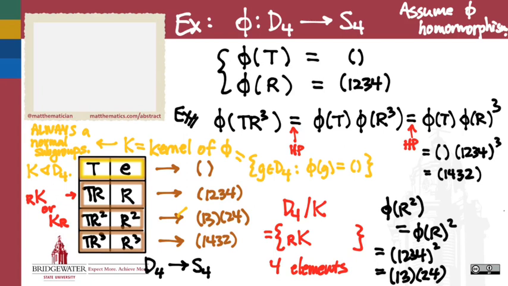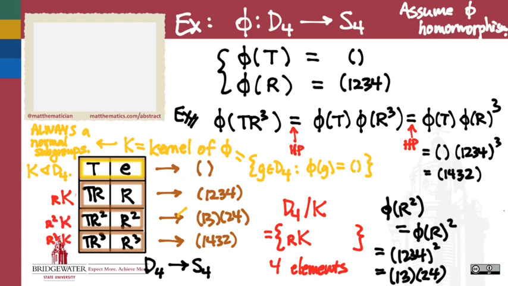So we could choose left cosets or right cosets. And because they're cosets, we can choose any of their representatives that we want. We could have called it TRK instead. But just for simplicity, let me call that second row RK, R squared K, R to the third power K.